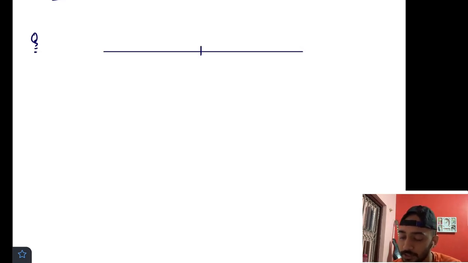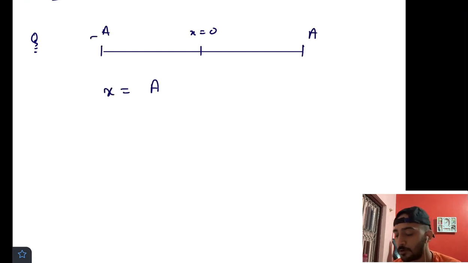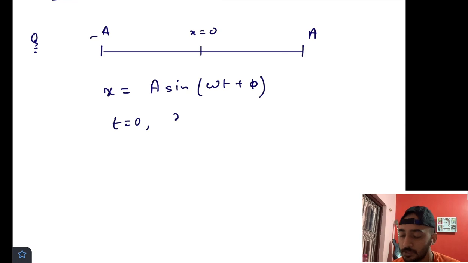Suppose in our question it is said that the particle is performing simple harmonic motion and it is following a relation of a sine omega t plus phi. At t equals 0 the particle starts from x equals a by 2 and the velocity is positive.